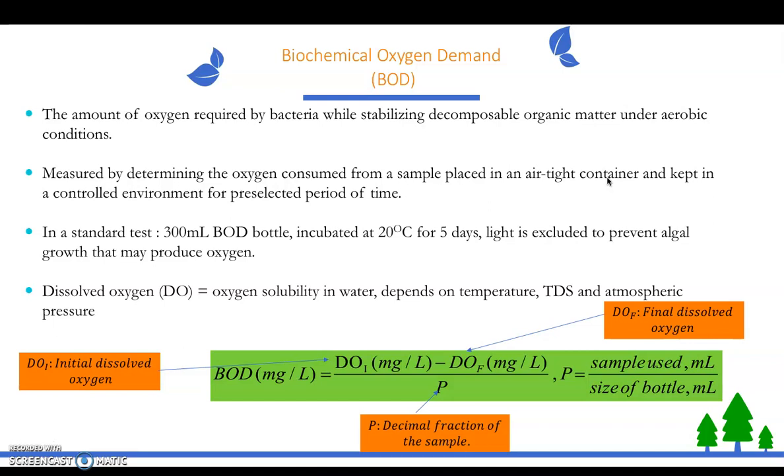Light is excluded to prevent algae growth, because algae produce oxygen and this would cause errors in the result. We measure the oxygen used on day 1 and day 5 and use a formula. In the next slide, I will show an example of the BOD calculation.